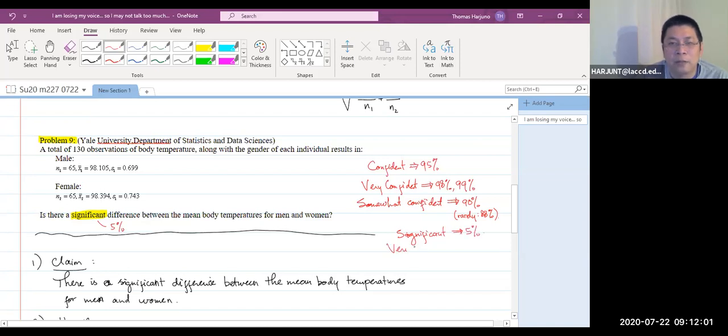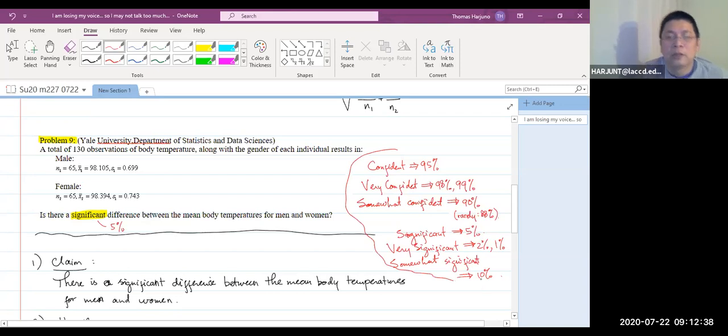Very significant is 2%, but mostly 1%, and somewhat significant is 10%. Okay, that's the word. But again, don't worry about this. This is just the common practice.